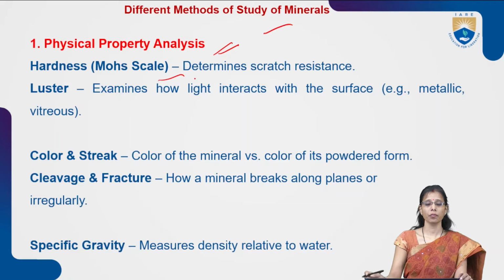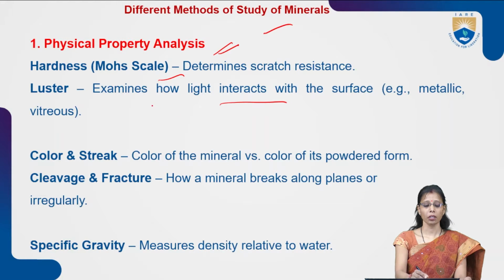For example, it determines scratch resistance, or luster, which examines how light interacts with the surface, metallic, vitreous or non-metallic. We will understand that based on this physical property analysis.